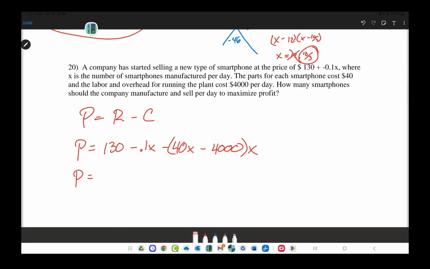Since you have minus inside parentheses, it should be plus 4,000. So both are a cost. But something's not right. I did this already.